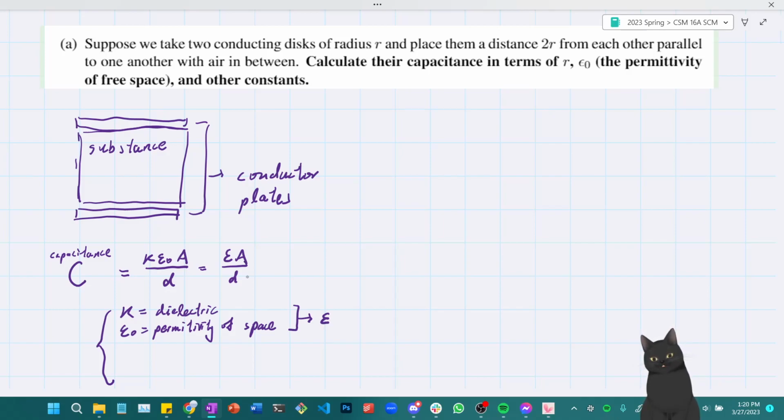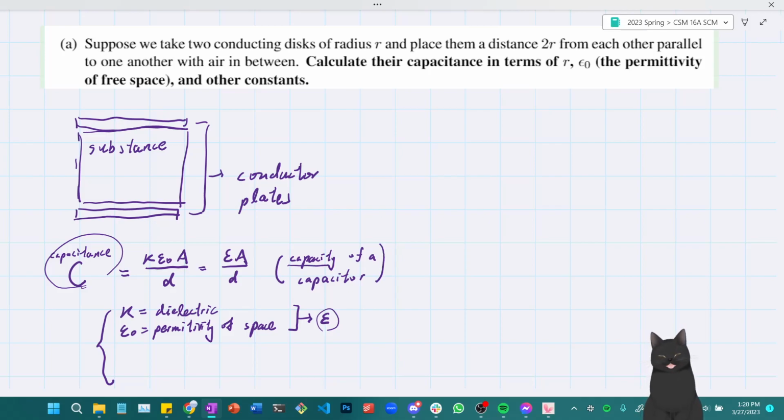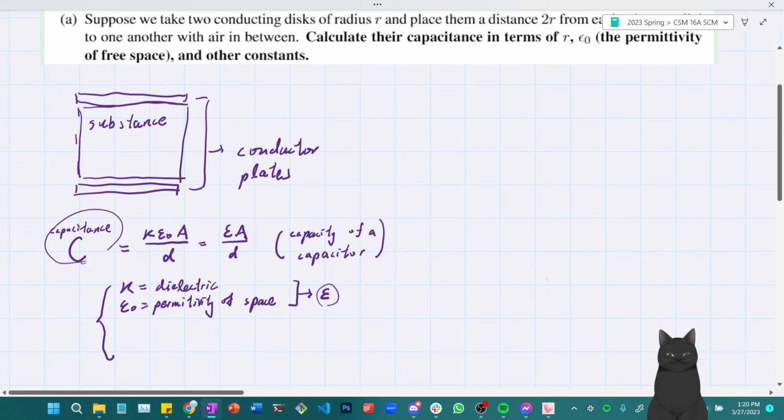So the higher the epsilon is, the higher the capacitance is, so the more charge you can store in a capacitor. Capacitance stands for the capacity of a capacitor, and hopefully this wording makes it a little more intuitive, because C is the capacity of a capacitor, which is why it's called capacitance. The capacity prefix in each of these words stands for contain.